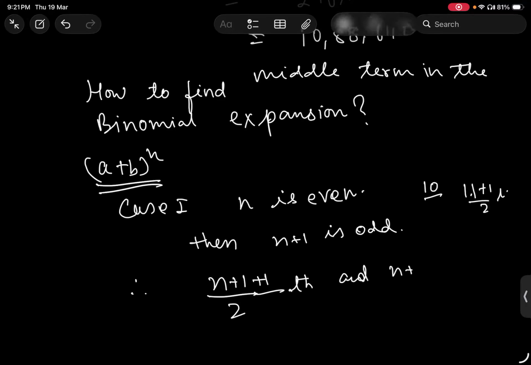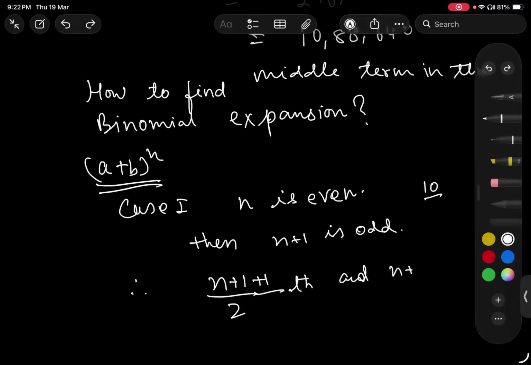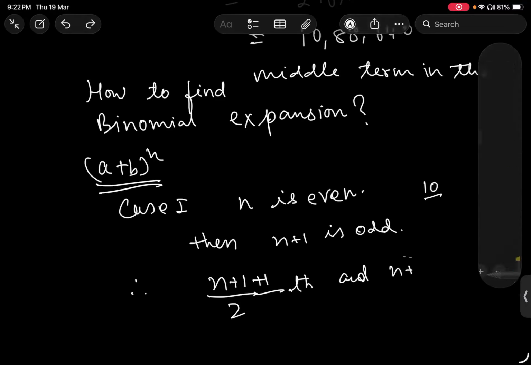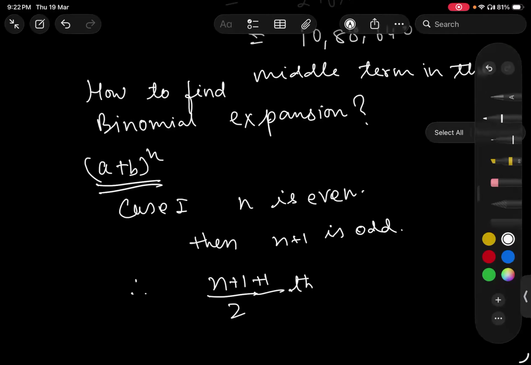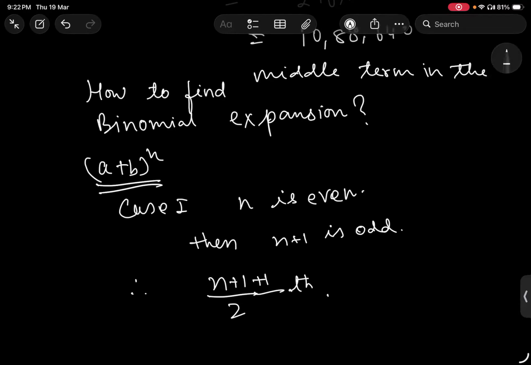So this will be the middle term. So we have the (n + 2)/2 th term.